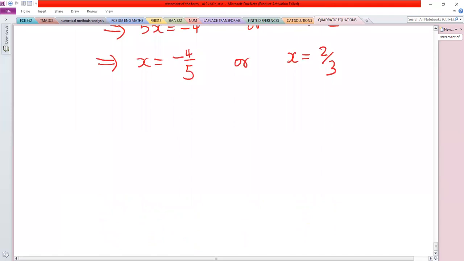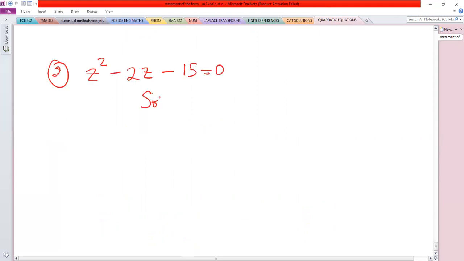Number 2, we have z squared minus 2z minus 15 equals to 0.